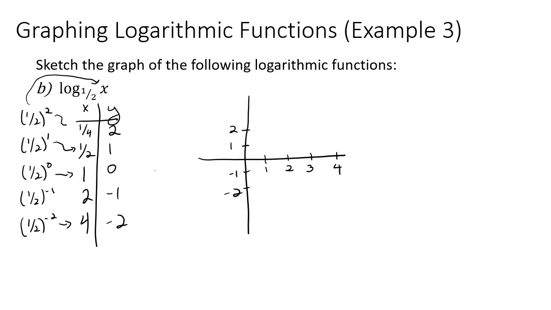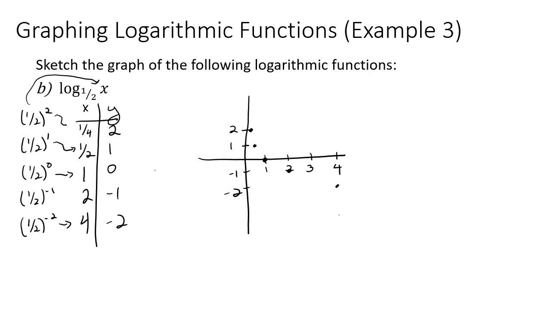And you'll find that this is flipped from what we had last time. At an x of 1/4, a quarter of the way to 1, we're now up at a y value of 2. At an x of 1/2, we're at a y value of 1, 0, -1, and then at an x value of 4, we're all the way down at -2.